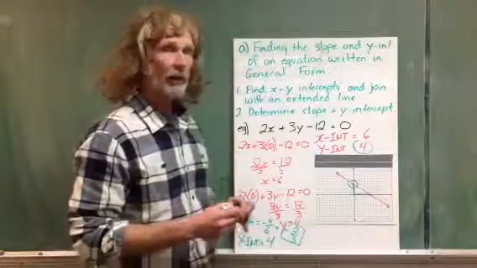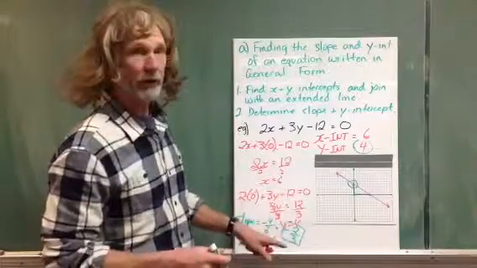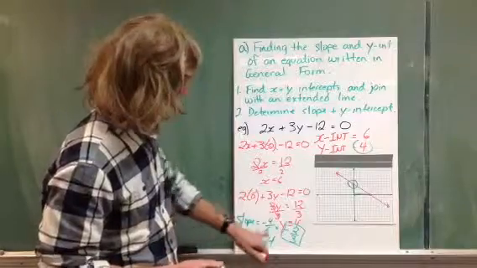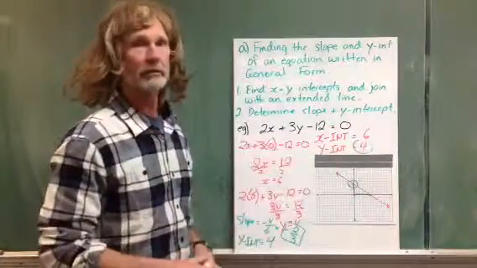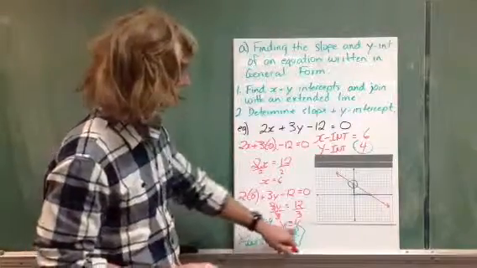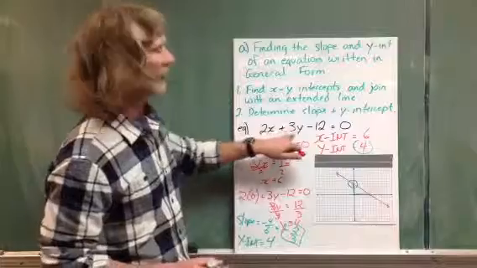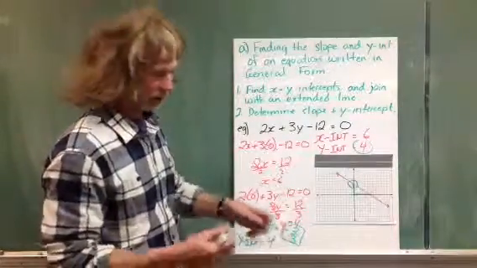Now, there are equations to find these two things, and using what we just found, we could probably figure out the equations on our own without being told. In fact, this slope here is related to these coefficients. Well, how could I get negative 2/3 from these numbers? Well, if I divide a by b, I would get 2/3, but the answer is negative 2/3.